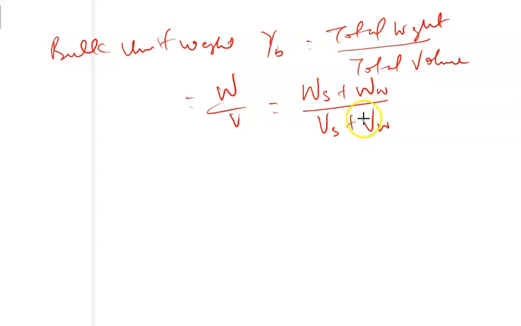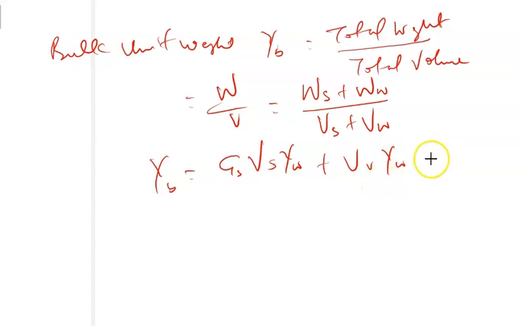Then if you want to express this in another form, gamma B is equal to, in terms of unit weights, GS times the unit weight of water times the volume of solids, plus the volume of void times the unit weight of water times the degree of saturation, over the volume of solids plus the volume of void.